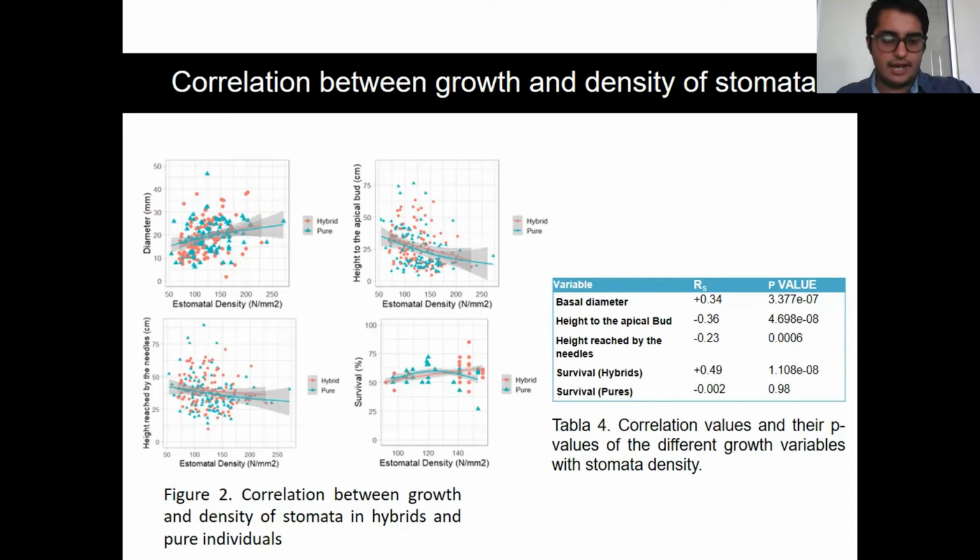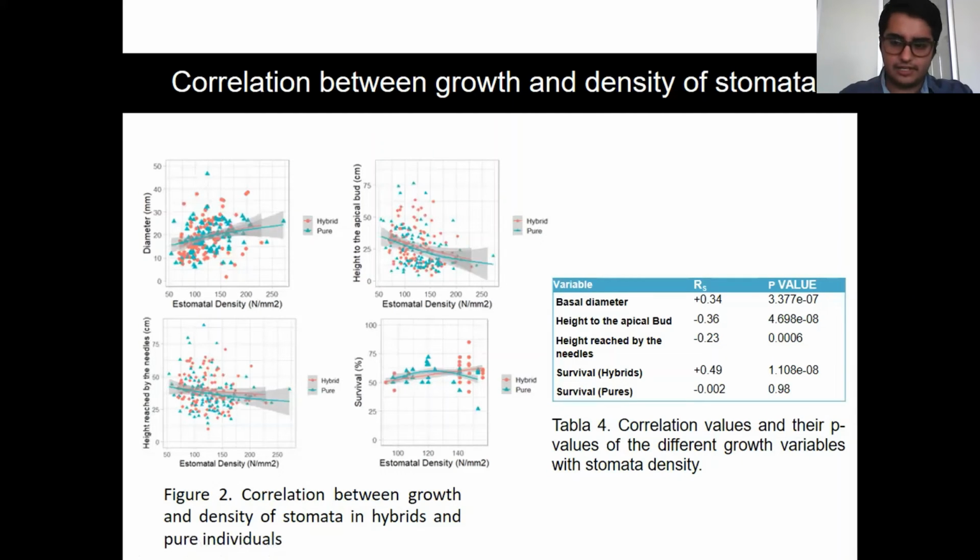We can see a positive significant correlation between stomata density and basal diameter. We found another significant correlation, but this time negative, between stomata density and both height to the apical bud and maximum height reached by the needles from the base to the end of the needle.